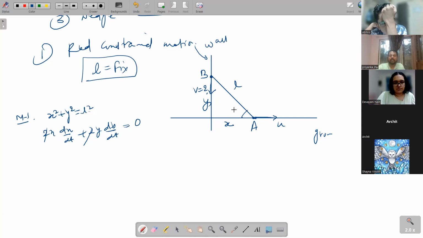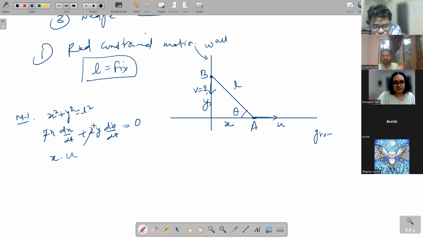Suppose when the velocity of point A is u and you have to find the velocity of point B, at that moment the rod is making some angle theta. Now, dx by dt is the rate of change of position of A, that is u.